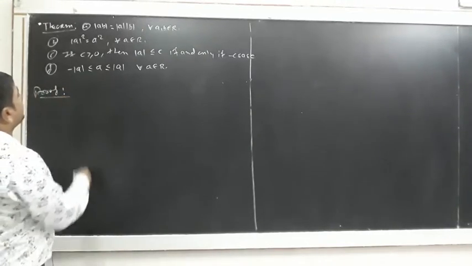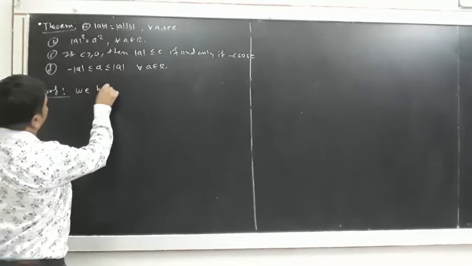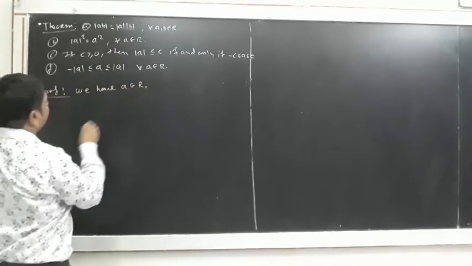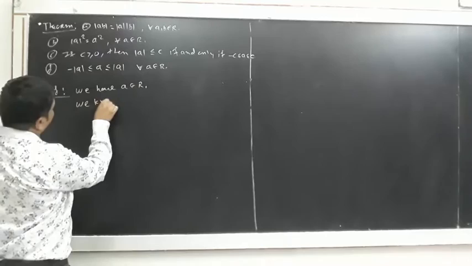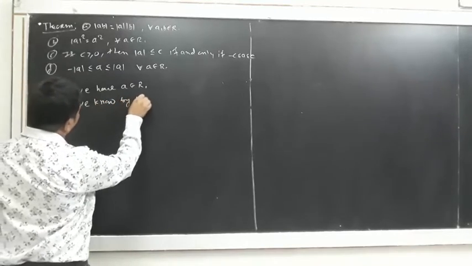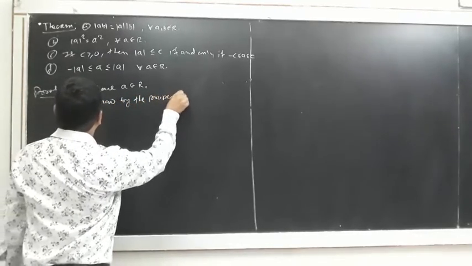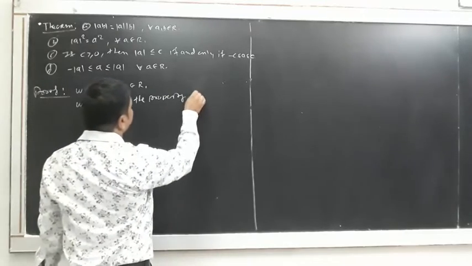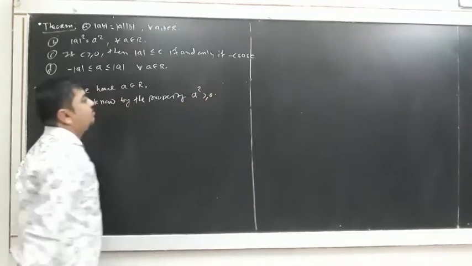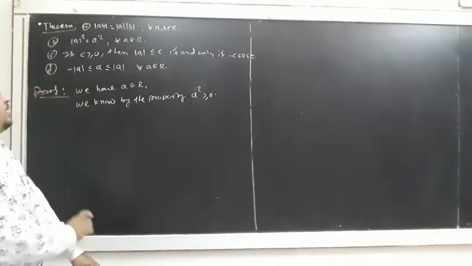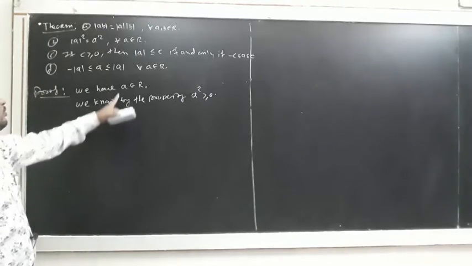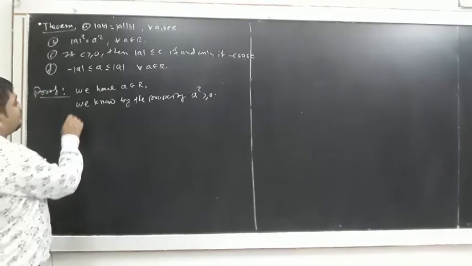What is given? A belongs to the R, and we know by the property that A square must be greater than or equal to 0, using the order property.